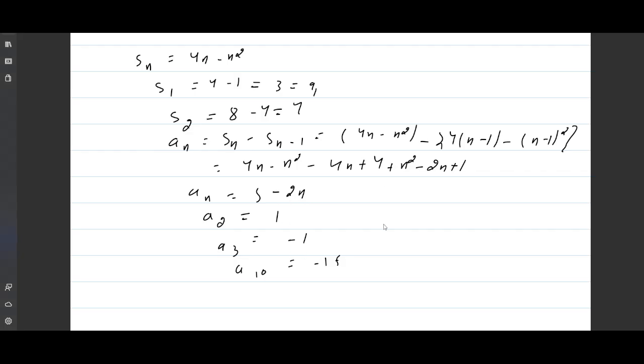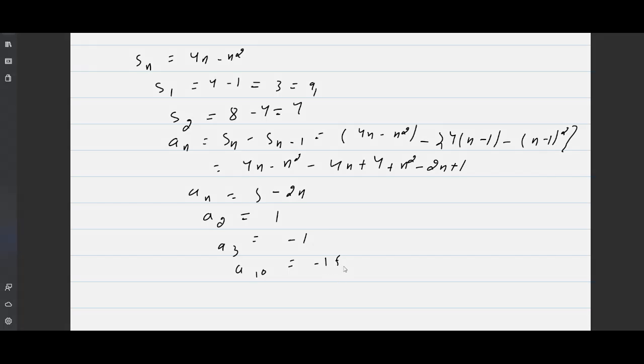So we get 4n minus n square minus 4 into n minus 1 minus n minus 1 whole square. On solving this, we get An is equal to 5 minus 2n. So when we put n is equal to 2, A2 is equal to 1. Similarly, A3 is equal to minus 1. Same as A10 is equal to minus 15.